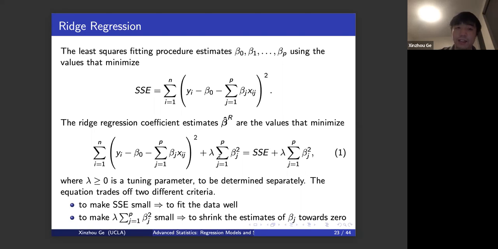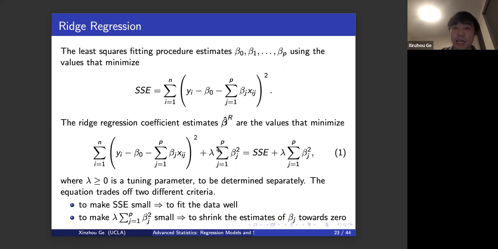The difference is that for ridge regression, other than the sum of squared error, which is this left part, there is another part about the scale of the coefficients. Other than the SSE, it also has a part which is lambda times the sum of all the squared coefficients. We call this a penalty part or a regularization part.